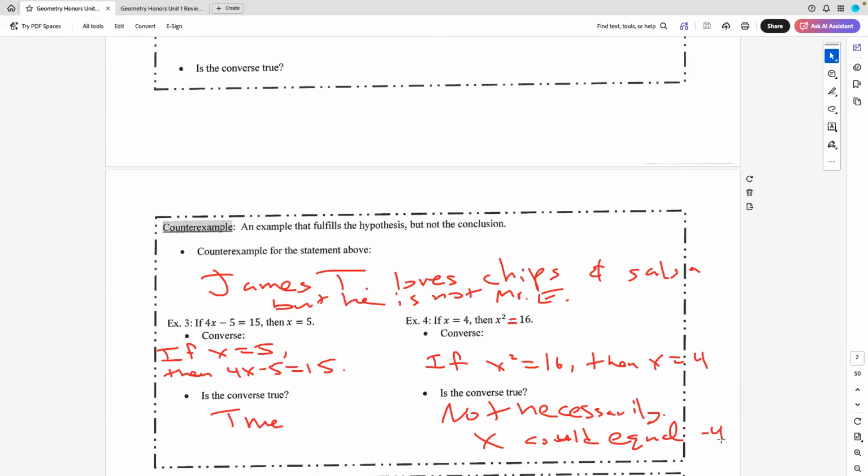If you play for the 49ers, then you're in the NFC West. That's true. If you're in the NFC West, do you play for the 49ers? No, because you could play for the Rams, Seahawks, or Cardinals. So again, it can be or cannot be. That's what you have to keep in mind with converses. Hopefully that makes sense. This is just laying the groundwork for stuff we'll do later in this unit.